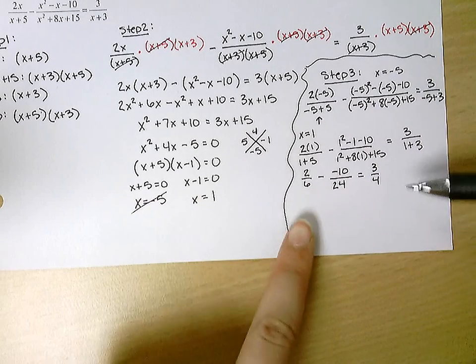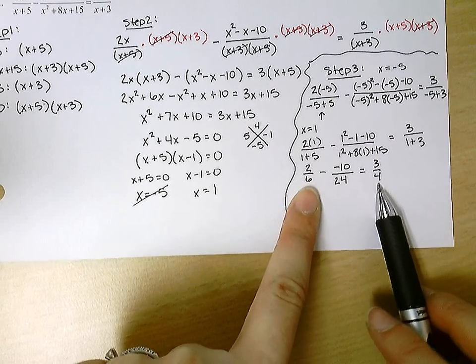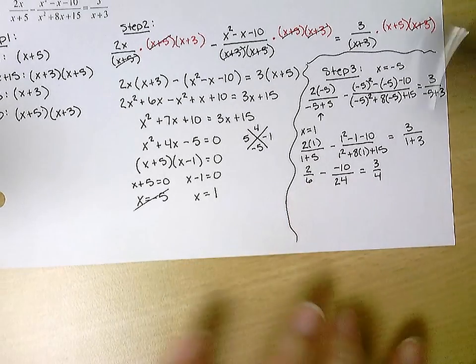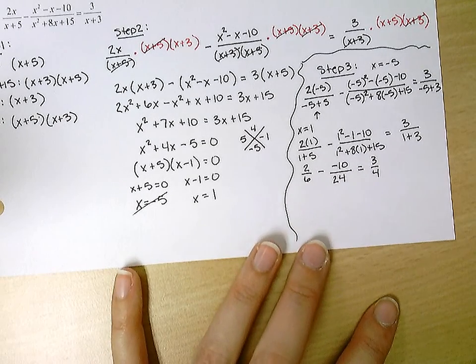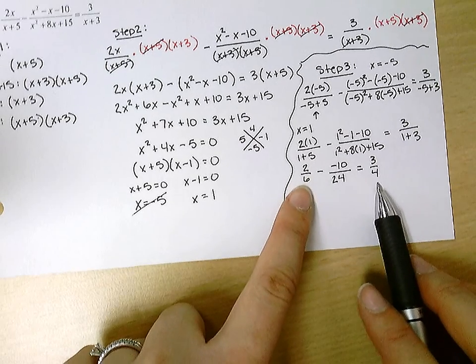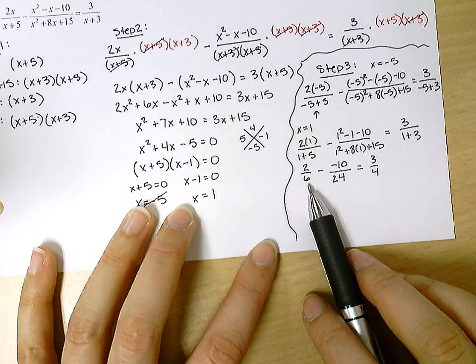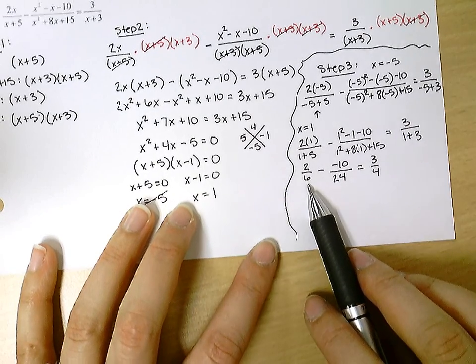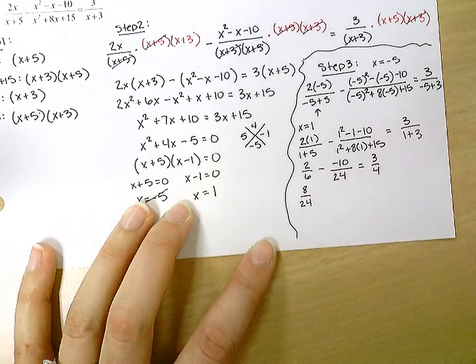Now to see what your answer actually is, you can either change these to a denominator of 24, or you can simplify this fraction and then make these 12. But I'm just going to make these both 24. To get 6 to 24, I'd multiply numerator and denominator by 4, so I have 8 over 24.